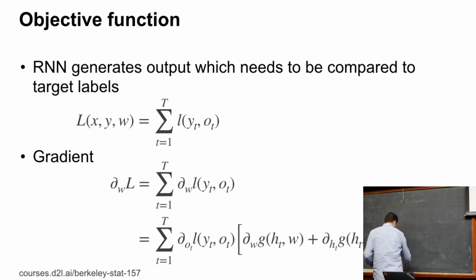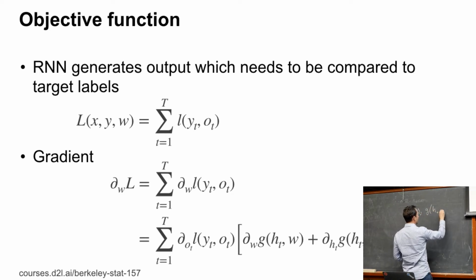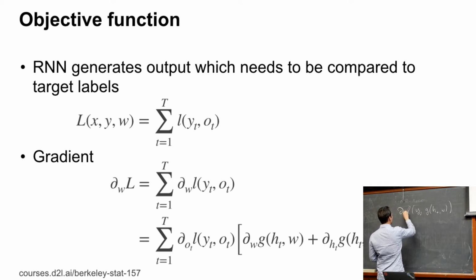So if I were to write this out, my loss is a loss of Y, and then I have some function G, so YT, HT, and W. So if I take the derivative dW of this, then, of course, this is nothing else than dL/dO times now two terms.